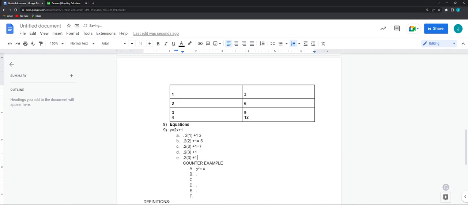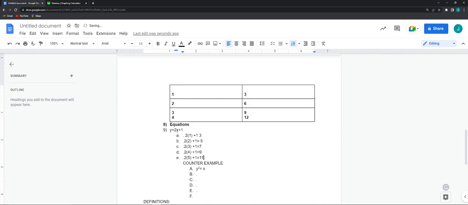Now we can just do 4 and 5. And now we find out that this equals 9 and this equals 11.